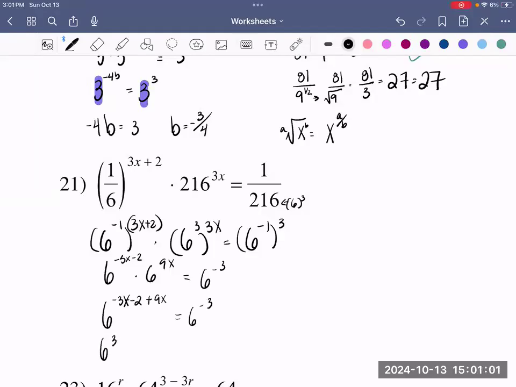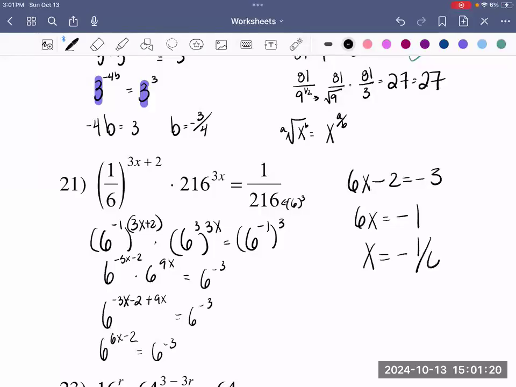We get 6 to the 6x minus 2 is equal to 6 to the negative 3. Taking a look at your exponents here now, we add 2 to the other side. So adding 2 to the other side, we still have a negative 1. So x is equal to negative 1/6.